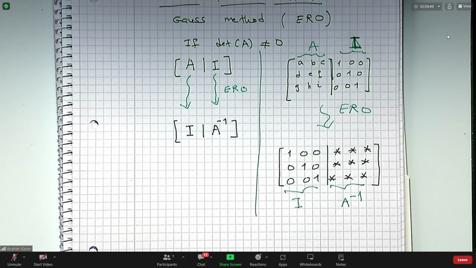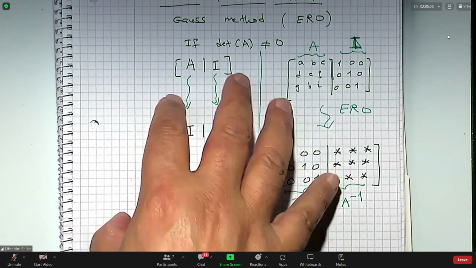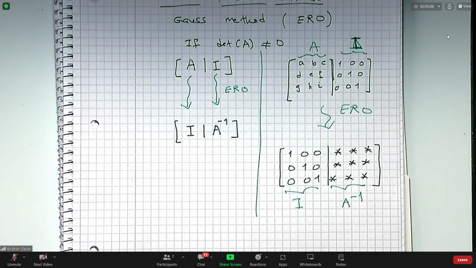I admit it's not a very simple method, especially if you have large dimensions, 4, 5, but it is actually the algorithm behind any software that evaluates the inverse of a matrix.